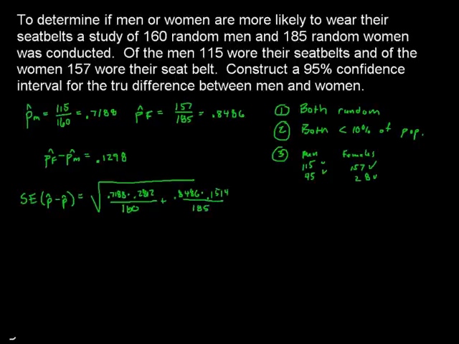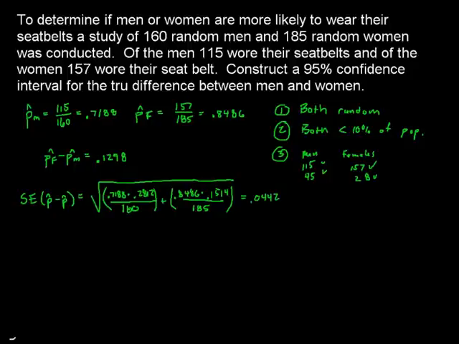When you type this into your calculator, you don't have to do it in two steps. You can do it in one step. Just make sure that this part goes in parentheses, and this part goes in parentheses. So square root of 0.7188 times 0.2812 divided by 160, and then another set of parentheses, so plus 0.8486 times 0.1514 divided by 185, and I get 0.0442.